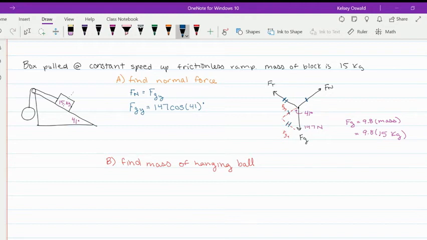When I do this, I find that my force of gravity in the Y direction is 110 newtons. Since my Y component is 110 newtons, that tells me my normal force is also 110 newtons, because we only have one force pointing in either direction. They're exactly opposite one another in direction, so they have to have the same magnitude and balance one another out.